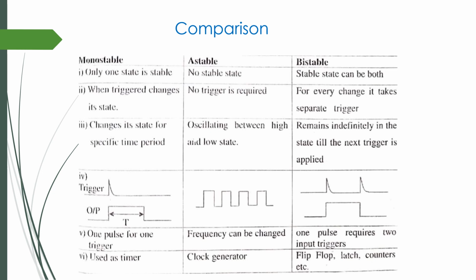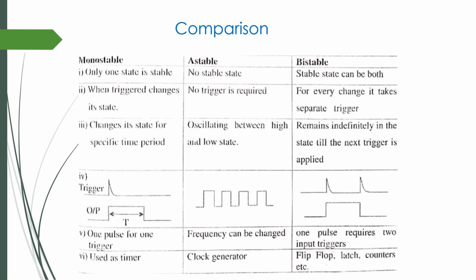In monostable multivibrator, when it is triggered, it changes its state. In astable multivibrator, no trigger is required, and in bistable multivibrator, for every change, it takes separate trigger.